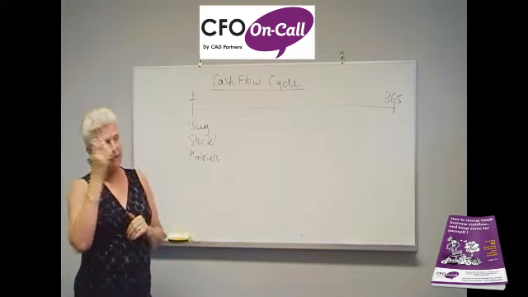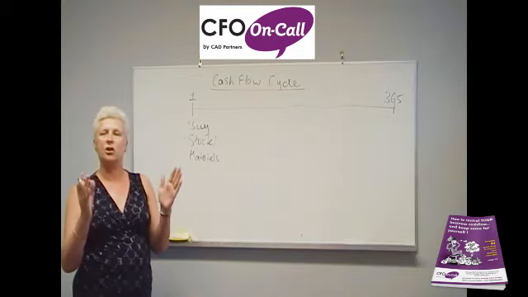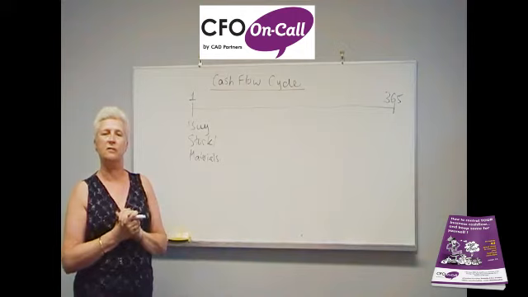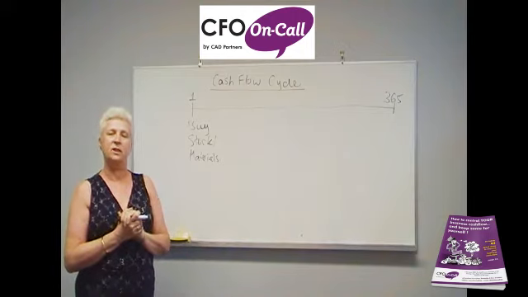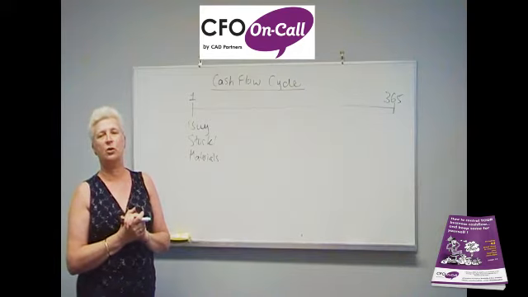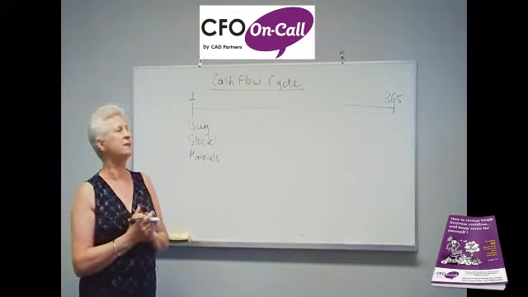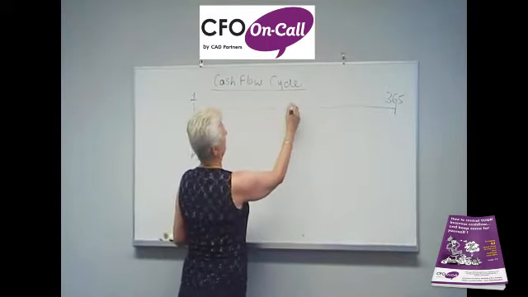Generally the stock may sit around on the shelf for a while, and if you're a service-based business, a job may be in progress for a while. So let's say on average that the shelf life of your stock or the period that your jobs are in progress might be, say, 60 days.